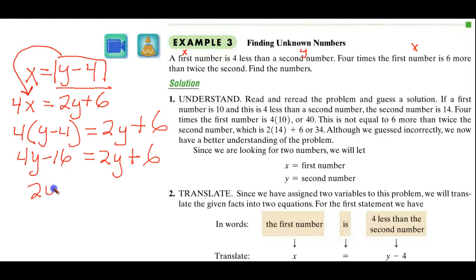Transpose, I get 2y. Transpose, I get a positive 22. Divide both sides by 2, I get y equals 11.